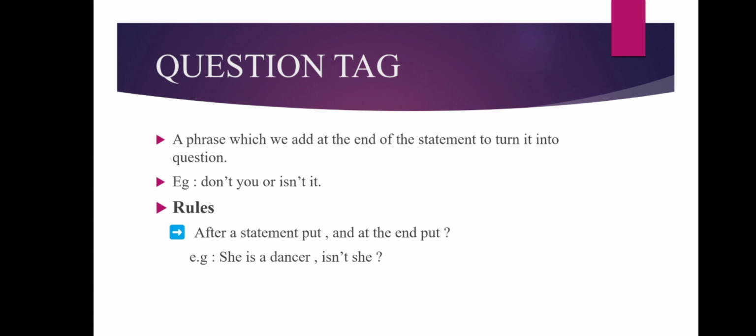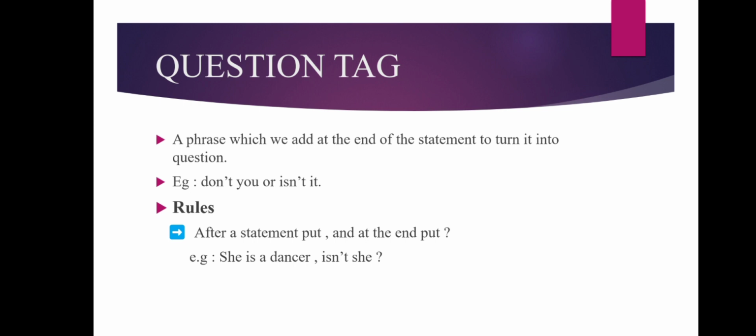A question tag is a phrase. We create a phrase from a statement, which we add at the end of the statement to turn it into a question. So there will be a statement provided to you, and in order to turn that statement into a question, you use a phrase at the end of the statement.